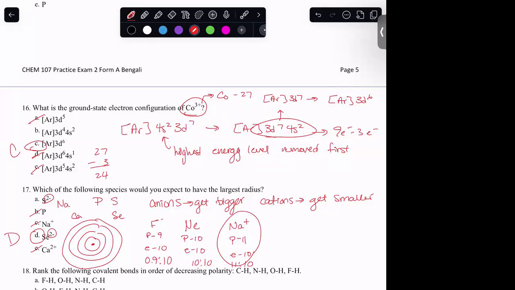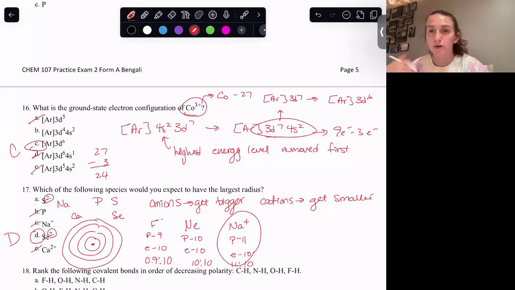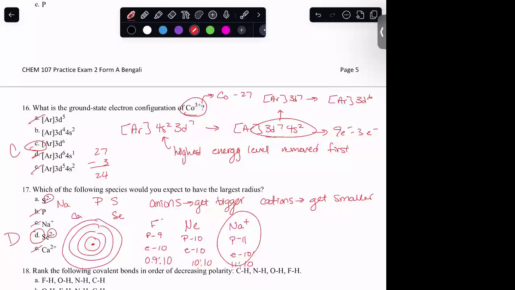Is this the way that we always do ground state electron configuration? What do you mean in terms of removing? Well, if we had a different atom, like bromine or fluorine or oxygen, with a plus or a minus, we still follow the same thing of removing your highest energy level, and then removing from your highest d orbital.